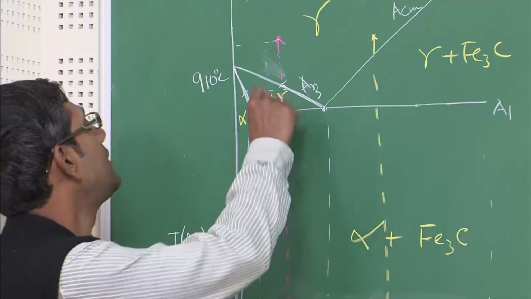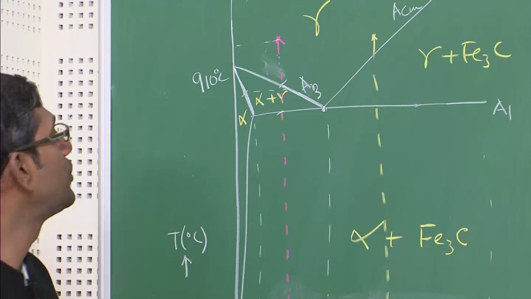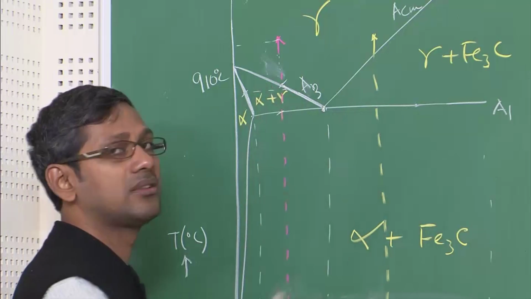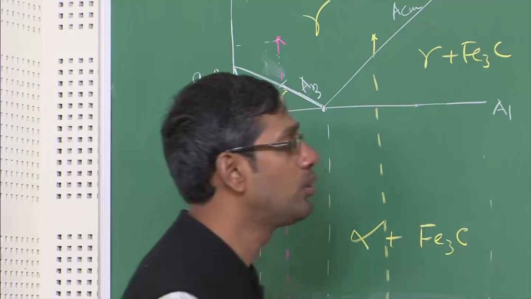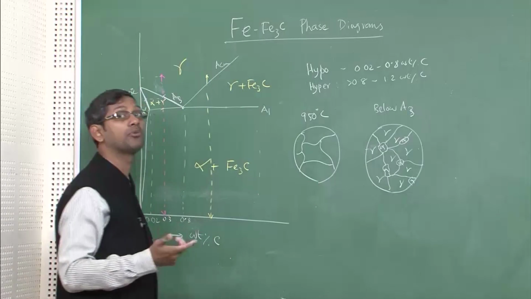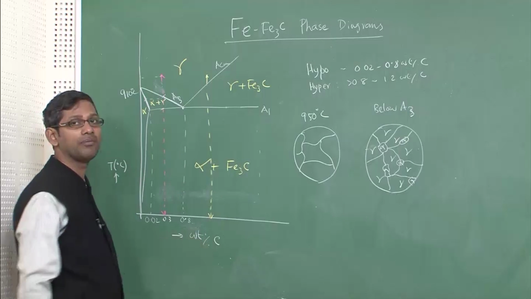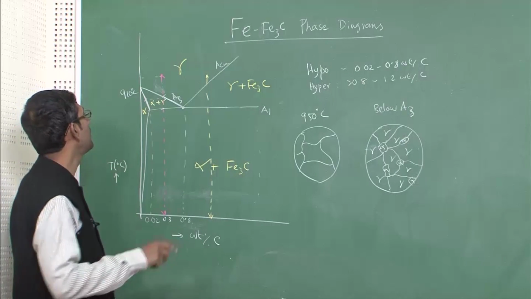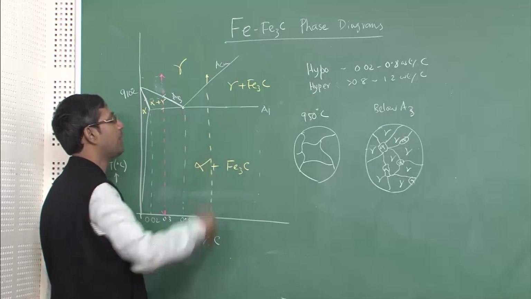This is the range in which gamma transforms to alpha. Because the temperature range for alpha growth is limited, some gamma will be left over, since all the gamma will not transform into alpha before it hits the A1 temperature.